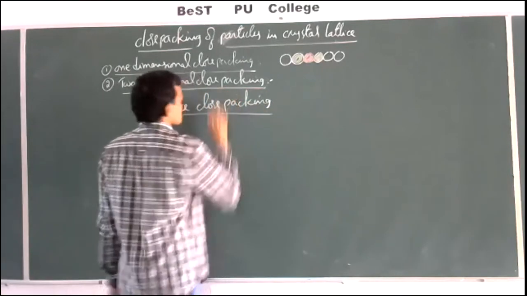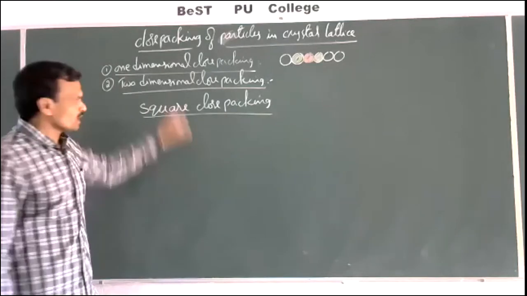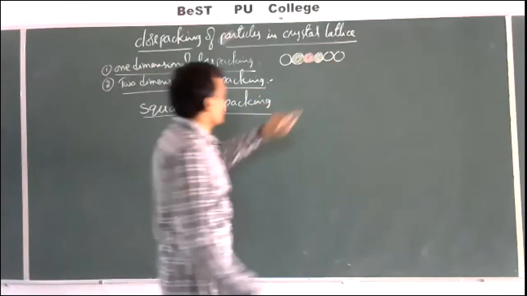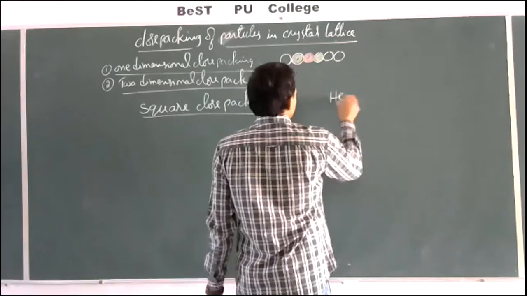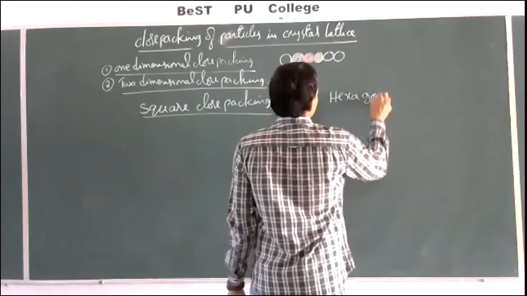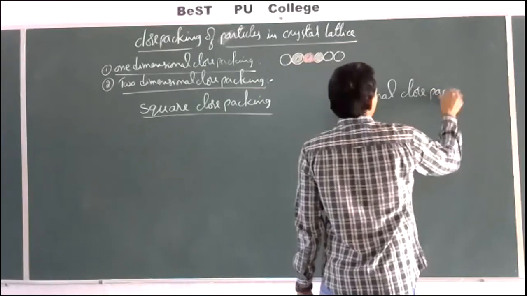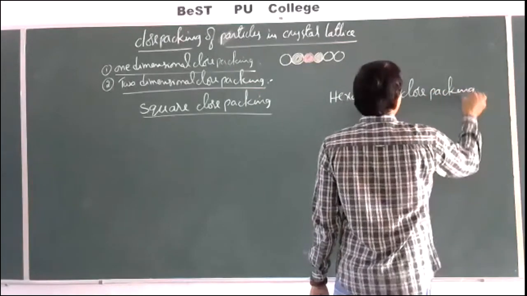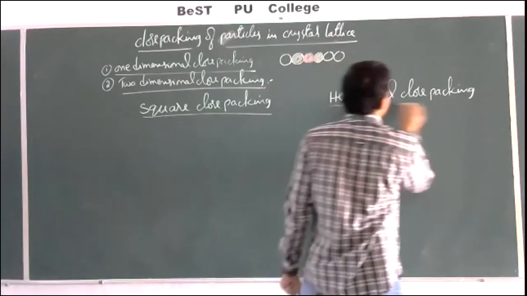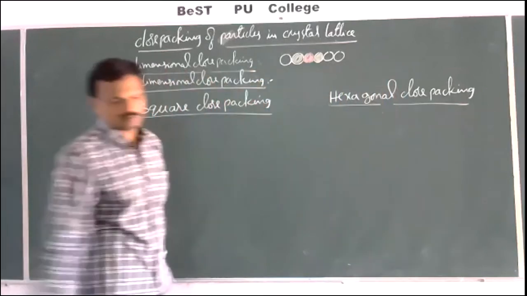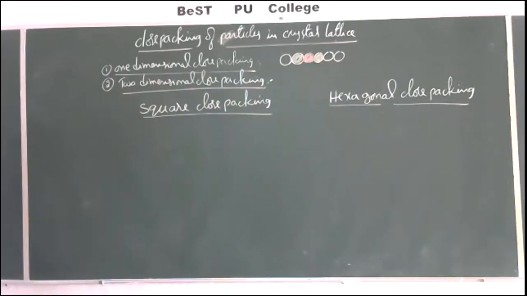So two-dimensional close packing is of two types. One is square close packing, another is hexagonal close packing. So what is square close packing and hexagonal close packing?